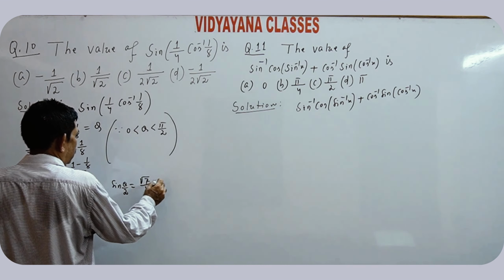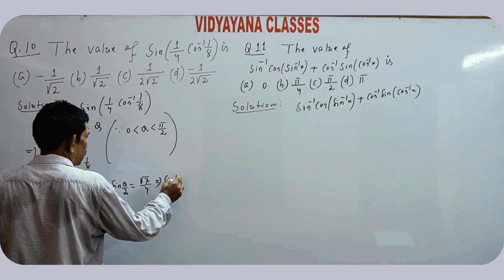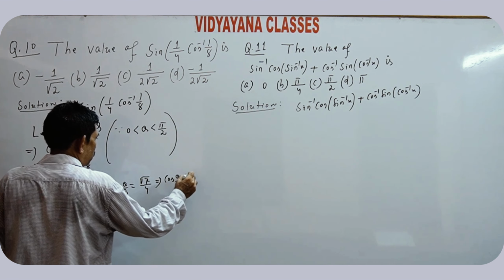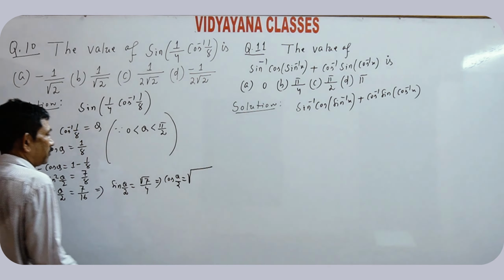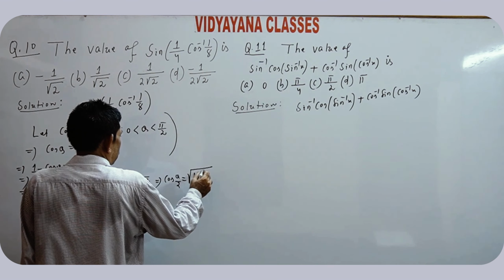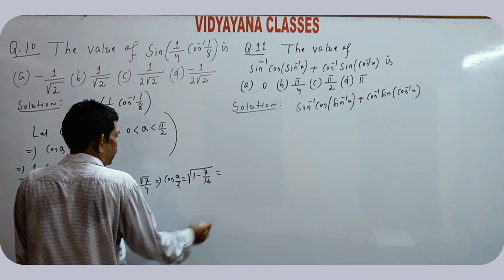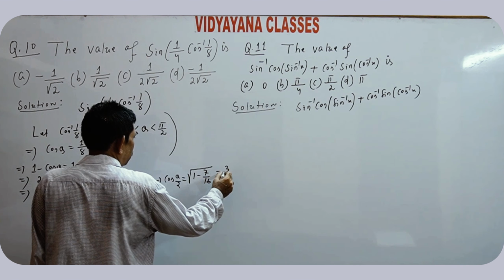Then cos theta by 2 is the square root of 1 minus sin square theta by 2, that means 1 minus 7 by 16, which is 9 by 16, that is equal to 3 by 4.